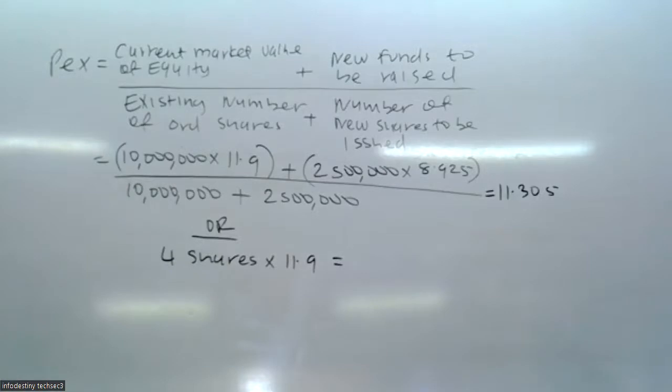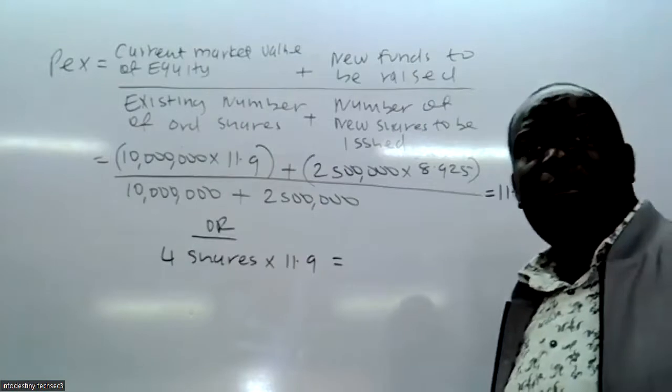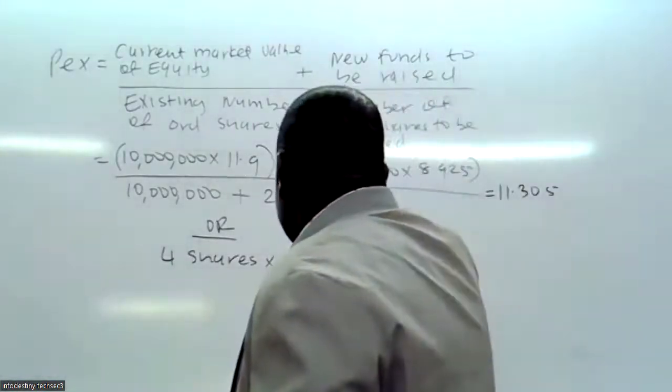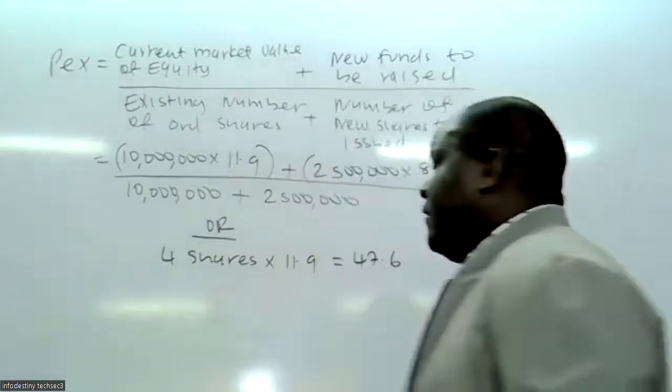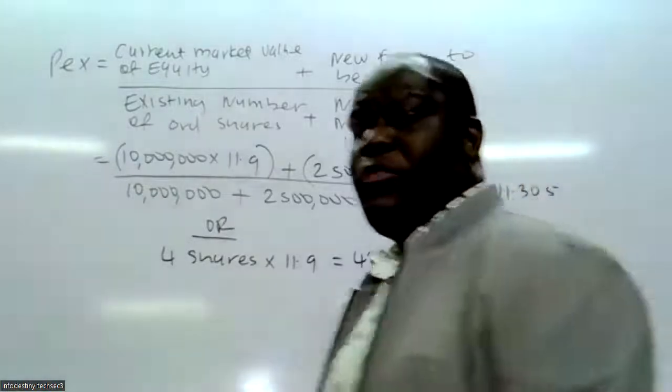So when you take the 4 shares multiplied by 11.9, exactly 47.6.